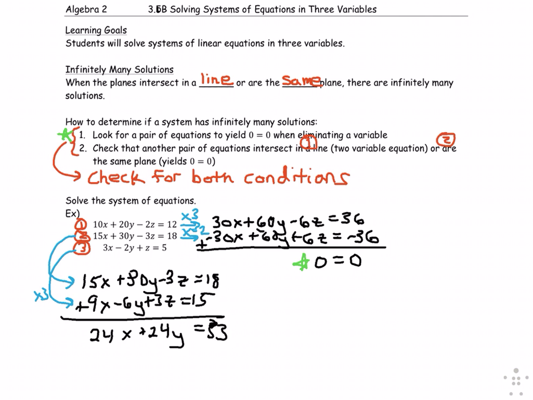So that's a two-variable equation. And so that information paired with the other star together, that means that I have infinitely many solutions.